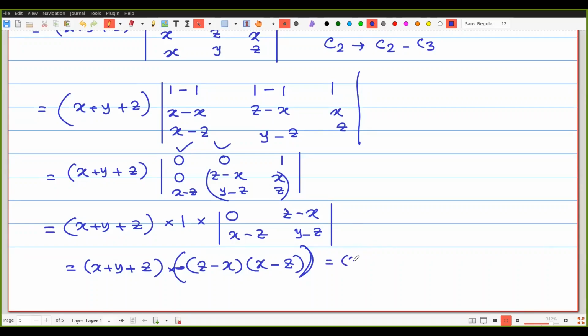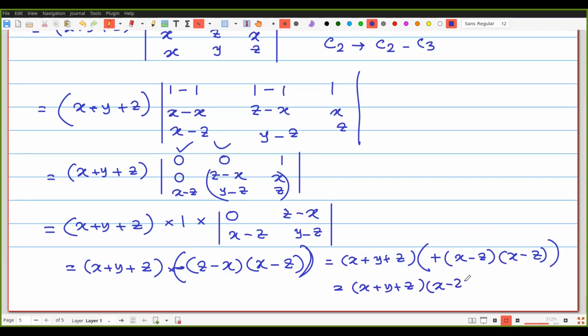So we are taking the common as like that one, minus of z minus x. So that is minus of minus, that is plus x minus z into x minus z. So that means the answer is x plus y plus z into x minus z whole square.